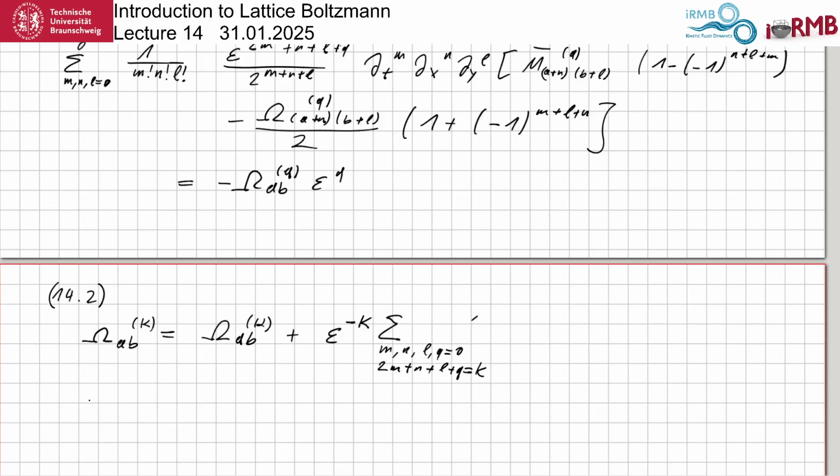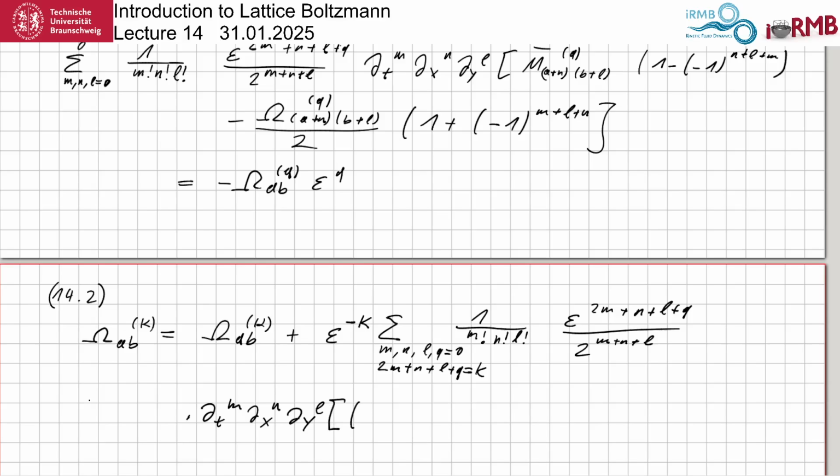And now comes the same term as before, m factorial n factorial l factorial, epsilon to the power of 2m plus n plus l plus q divided by 2m plus n plus l, and this goes into dt, the mth time derivative, the nth derivative in x, and the lth derivative in y, and you are happy that we do this only in 2 dimensions now.